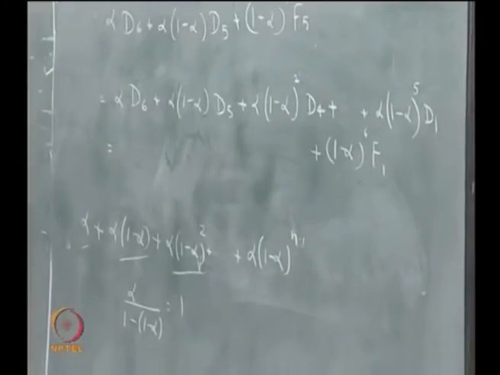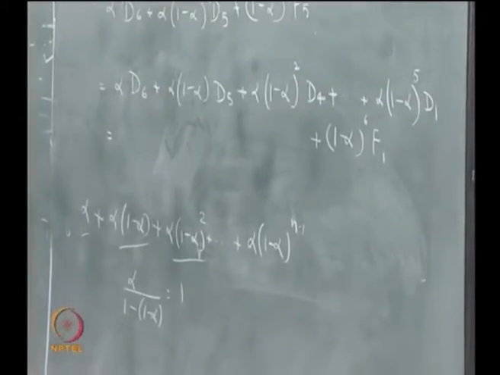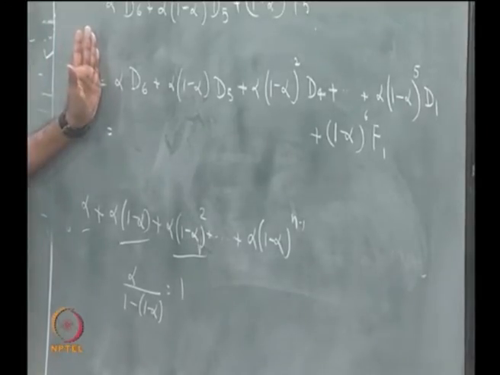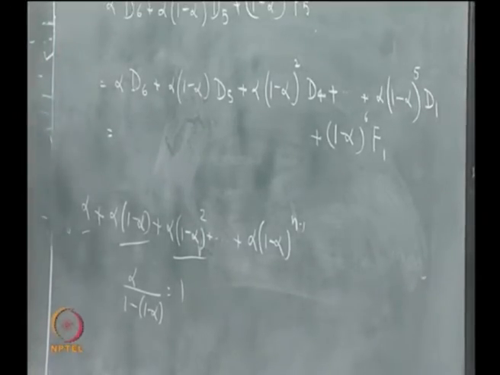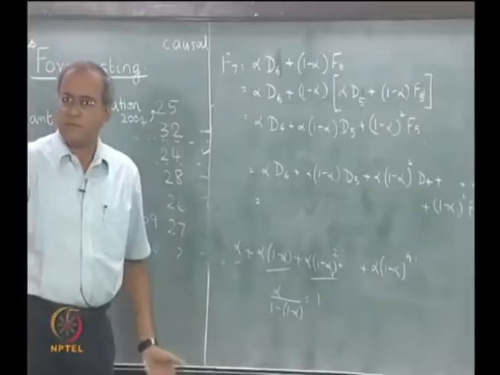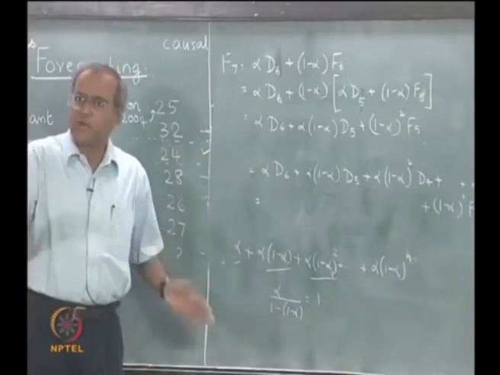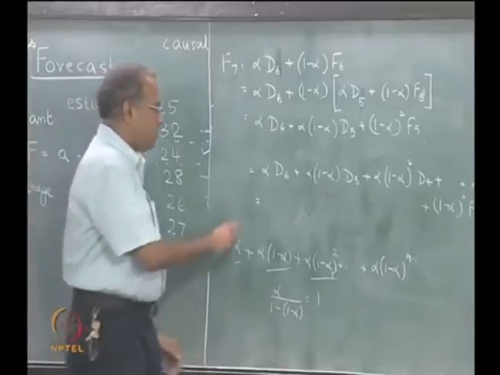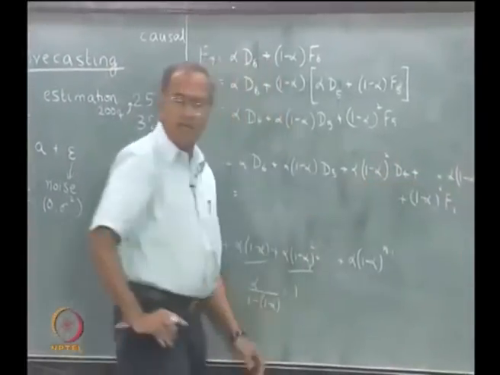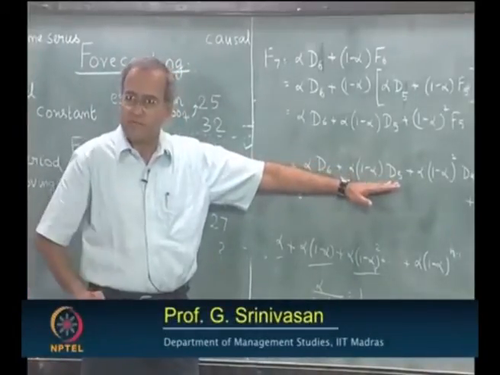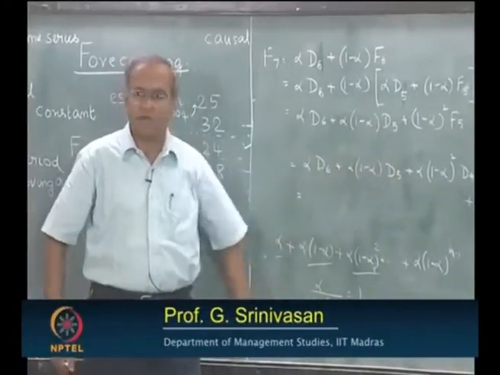So, as the number of terms increases, this will converge to 1, and even within a reasonably small number of terms like 6 terms or 7 terms or 8 terms, whatever be the value of alpha, the sum will be very close to 1. Therefore, this is like a weighted average where the denominator, which is the sum of the weights, is 1, and therefore, we do not divide.